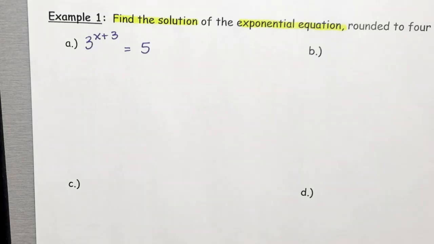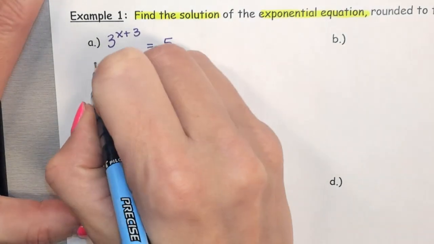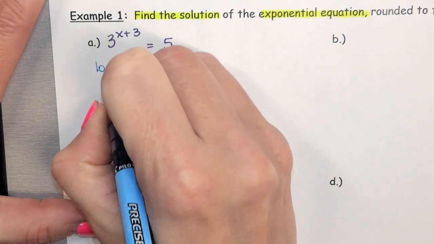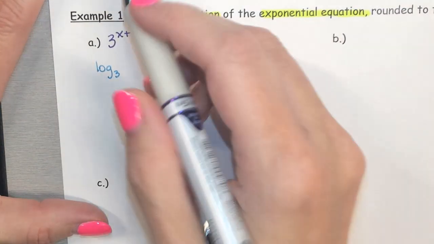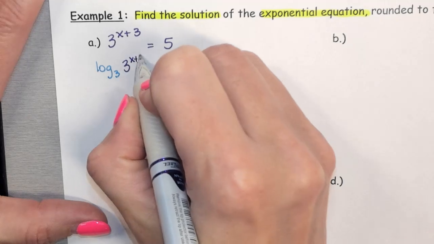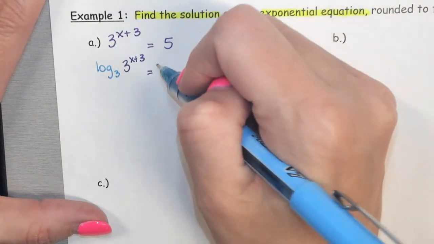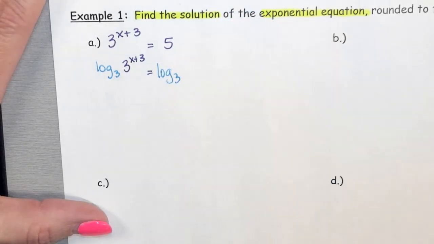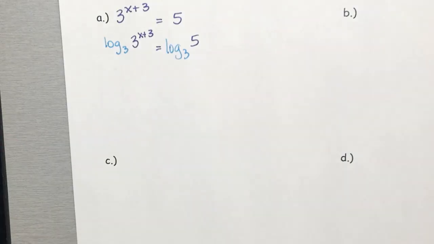Okay, so for this one, I would suggest that you take the log of the base because you just have a number over here. So if you take the log base 3 of 3 to the x plus 3, and you take the log base 3 of 5, I want you to write out what happens on both sides. Well, really just on the left side.